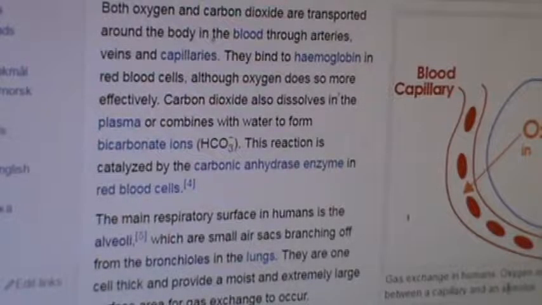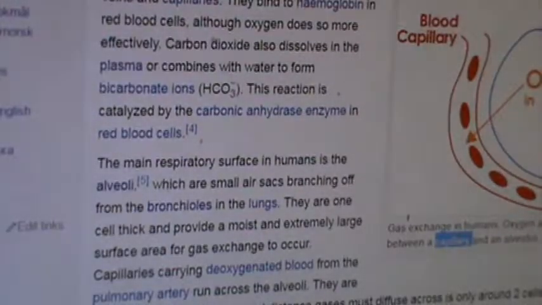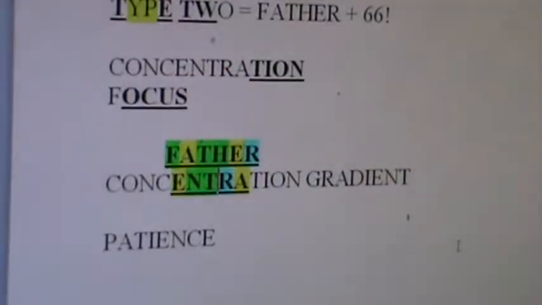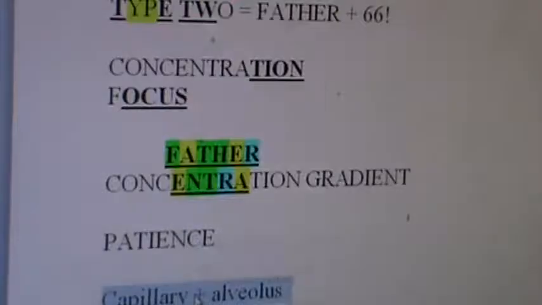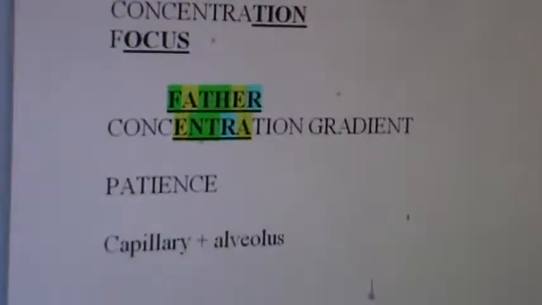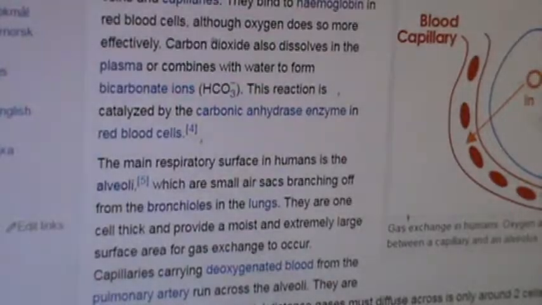Wow, there's another Father Jesus combo. Put together capillary and alveolus and it makes a beautiful 3 fest. And it's going to be beautiful. Yeah, 204 interleave. There you go. All this divides by 3.